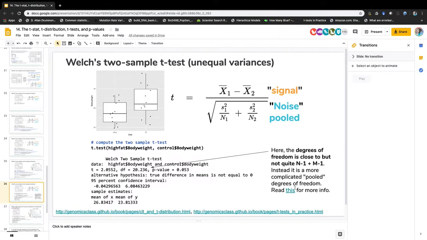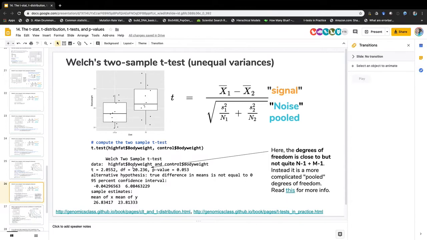The reason for this is the degrees of freedom is also pooled in this case. And it's weighted, I guess. A summary of what you can read here, which I don't advise unless you really care and are interested in being bored. But basically what you're doing is you're weighting that degrees of freedom by the variance in the two samples. And so it gets downweighted a little bit from 22.